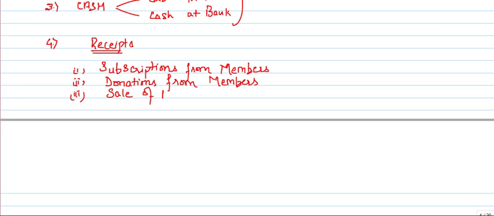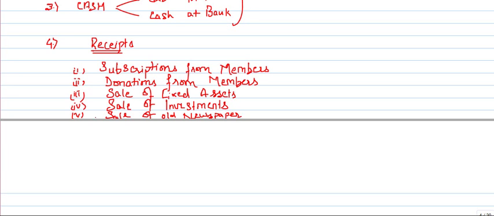Sir, why are we recording this? Because the word used has been all. If you are going to sell the fixed asset, that money is going to come into your pocket. Sale of investments, right? Then even the sale of old newspapers also.